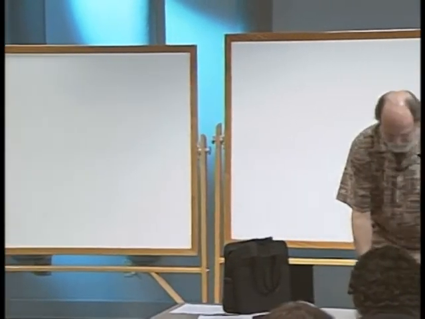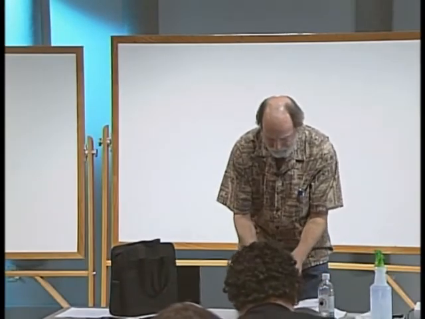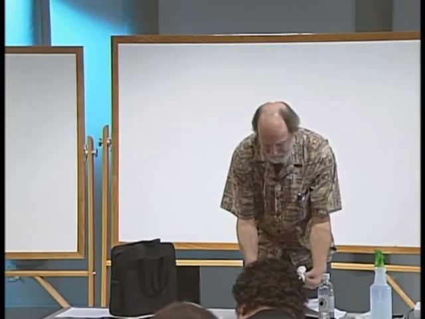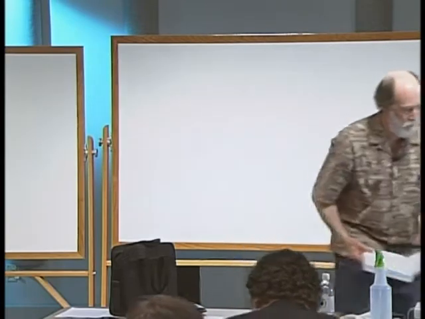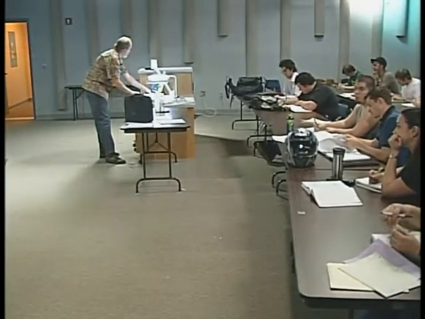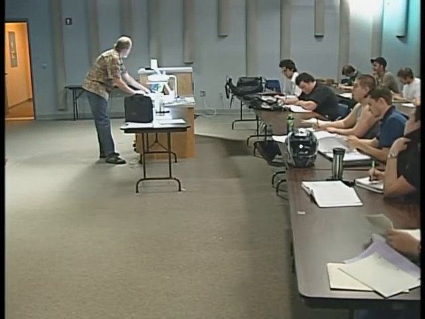So probably the best way to tackle that problem, and I should put it up on the overhead so the DVD has it, is back on page 34. Here it is.